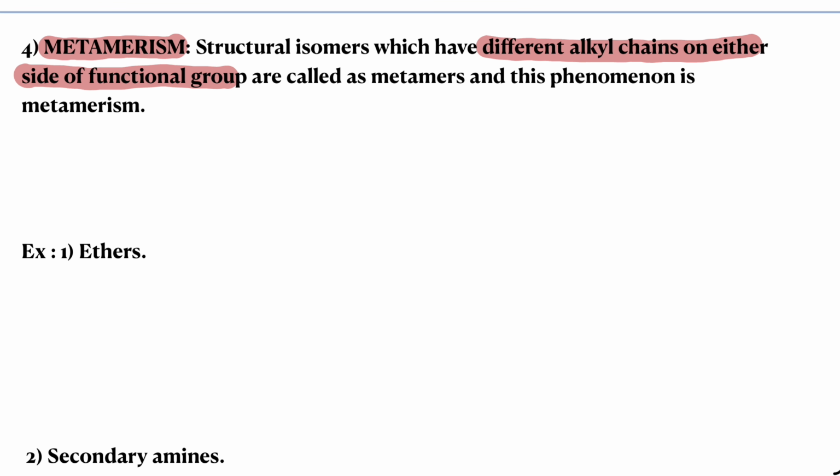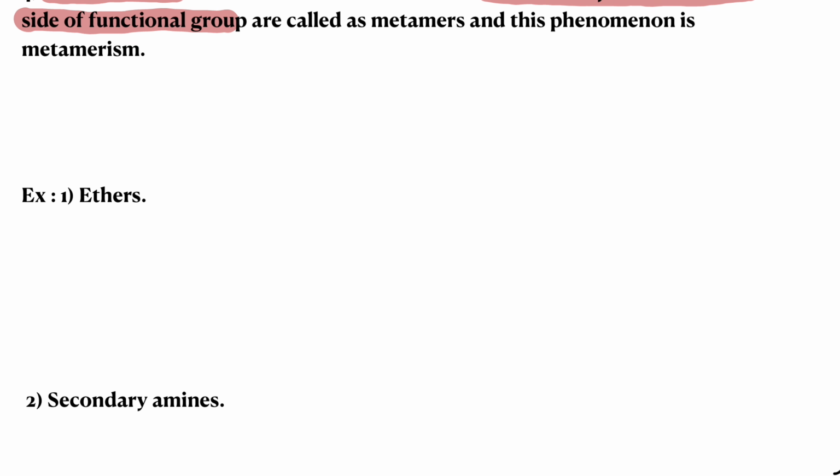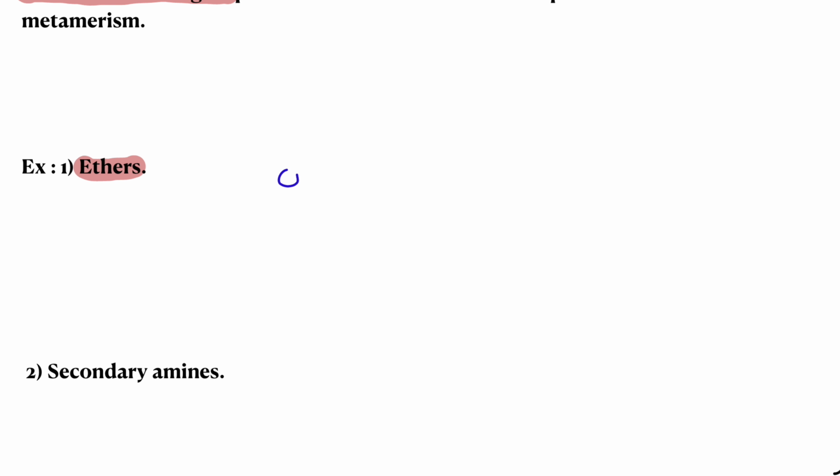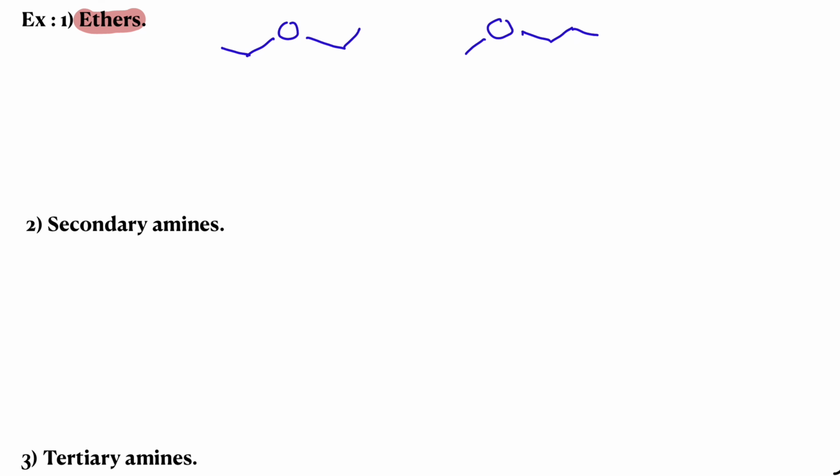So here the first one, ethers. Ethers can exhibit metamerism, already we discussed. So here this is diethyl ether, and on one side I am taking a methyl group, on the other side I am taking a propyl group. Secondary amines can exhibit metamerism.